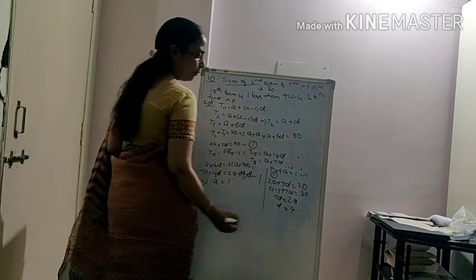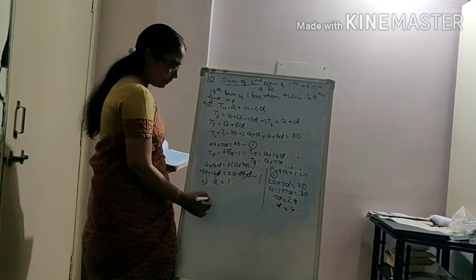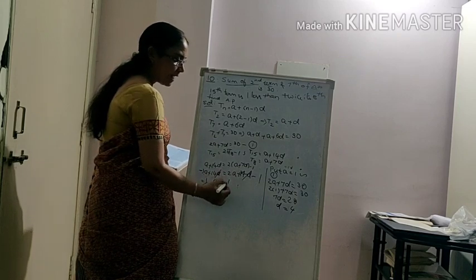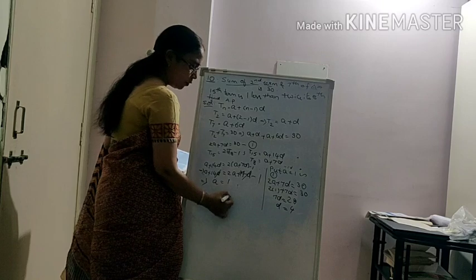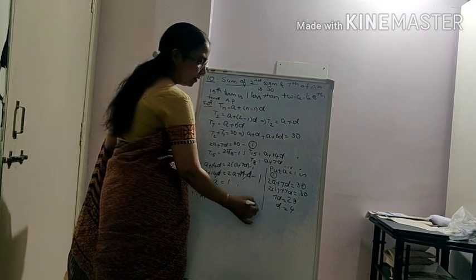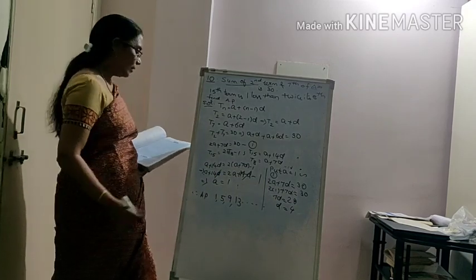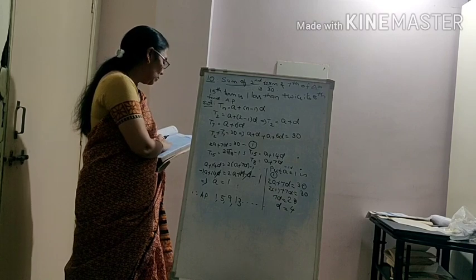D is 4. Therefore, the arithmetic progression will become 1. Next time you will add 4, so it will become 5. Next time we will add 4, it will become 9. Next time we add 4, 13 and so on. This is the arithmetic progression which he has asked in the question.